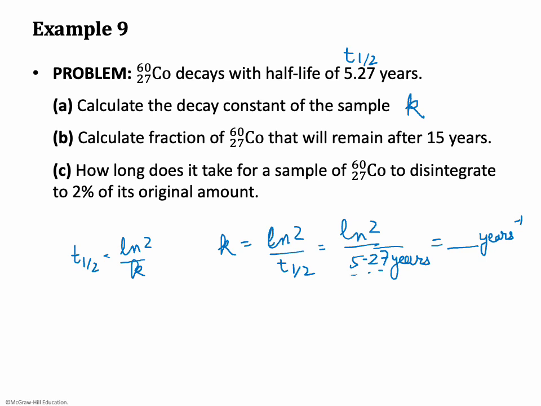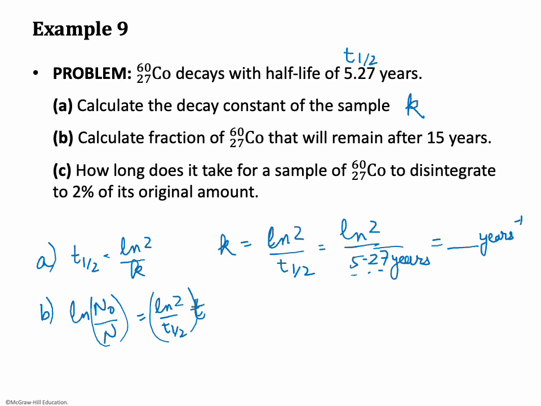Okay, this is: calculate the fraction that will remain after 15 years. So the question is asking how much is the fraction. So fraction simply means if I take ln(N0 over N), so this is the fraction that is original divided by how much is left, equals ln2 over t half times t.